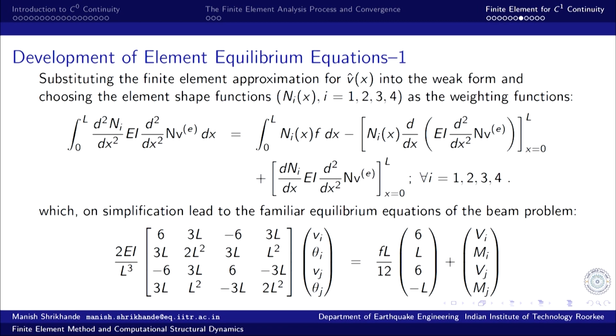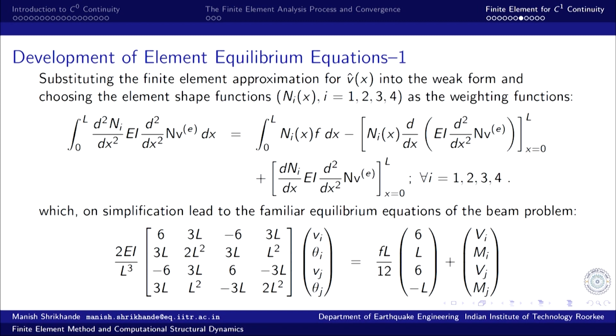So, that becomes the element level stiffness matrix for the frame element. So, combining C0 bar element and C1 Euler-Bernoulli element, we can get a frame element, and that can be used for modeling of framed structure with elements oriented in different directions.